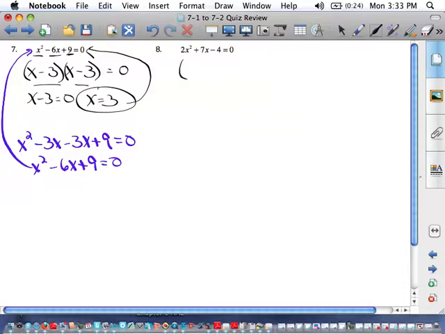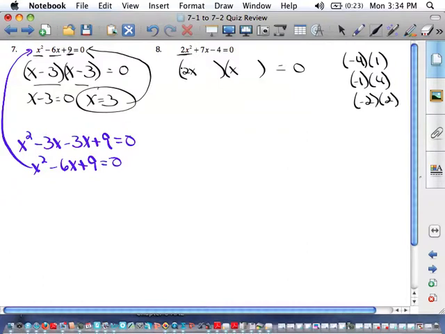Number 8, again, I'm going to use guess and check. So what I have to multiply to get 2x squared, I would have to multiply 2x and x in order to get 2x squared. Then, when I look at what will give me -4, I either have to have -4 and 1, -1 and 4, or -2 and 2. Those are the factors of -4.